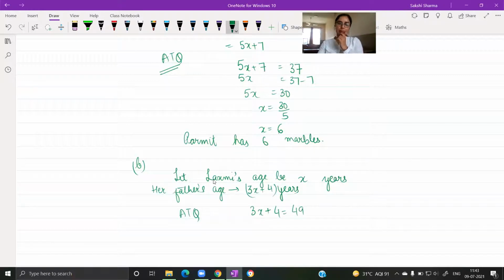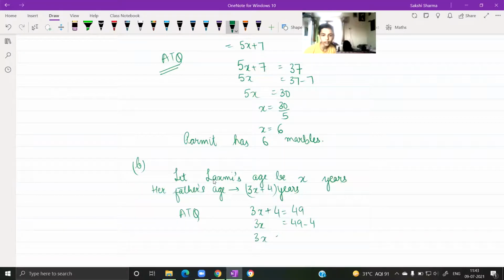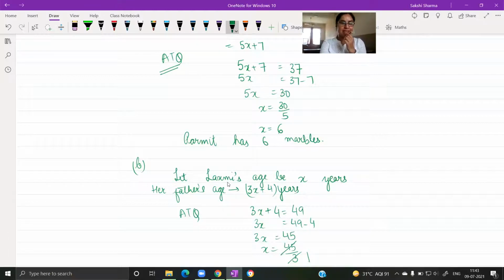Okay. Rishit, can you help me write down the answer? Yes, ma'am. 3x equals to 49 minus 4 equals to 45. Correct. x equals to 45 by 3. Correct, Angad Meet. Very good, Gurshan Singh.